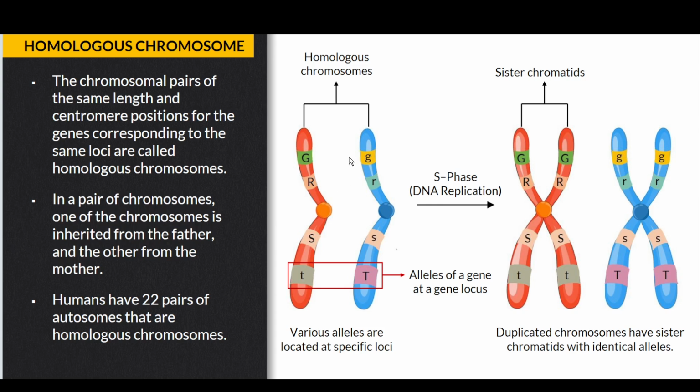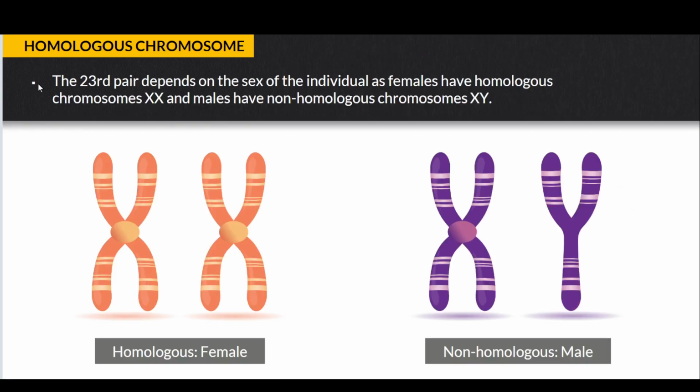They can be responsible for color, length, shape, or anything like that. Inside chromosomes, genes are present in the form of DNA, right? And they replicate. This is one chromatid, and after replication, meaning copying itself, it becomes like this. Duplicate.